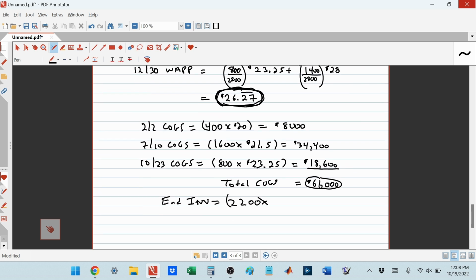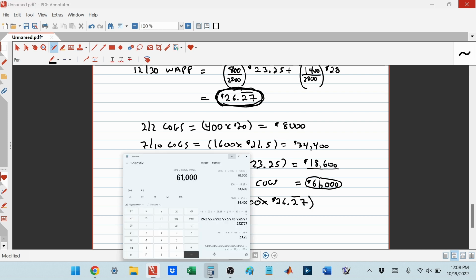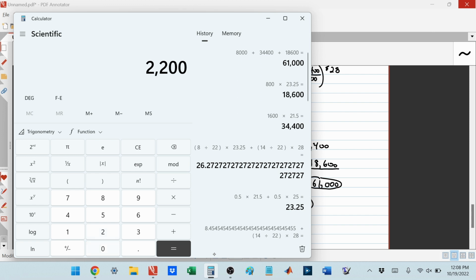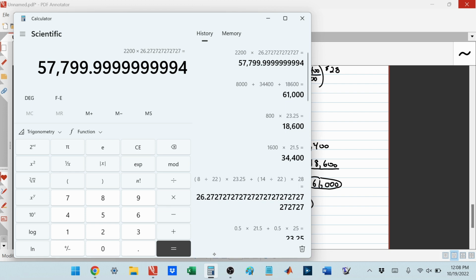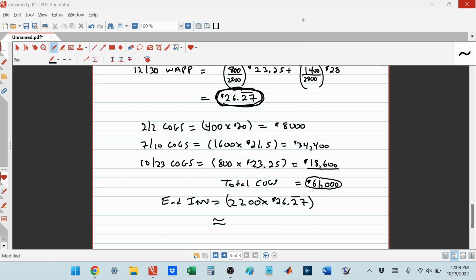So we assume each of these 2,200 left at the end of the year were purchased for $26.27 repeating. So here I'm going to have to round to the nearest whole dollar. So $57,800.